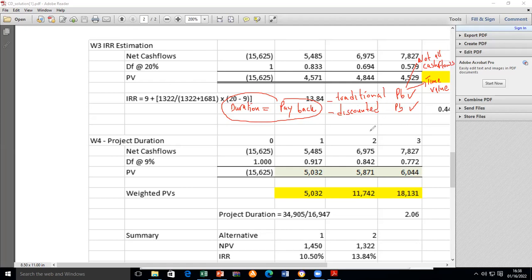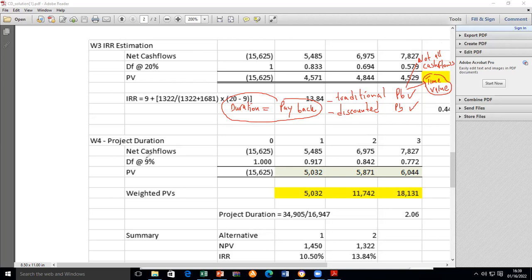Discounted payback does bring some improvement on the time value of money. It corrects that.